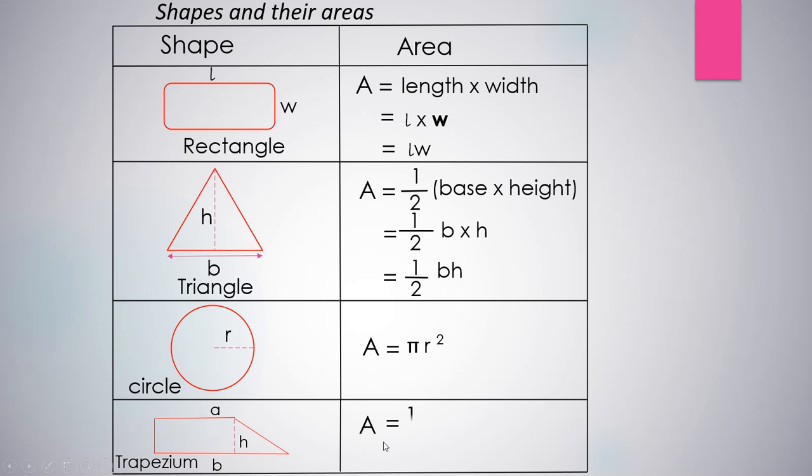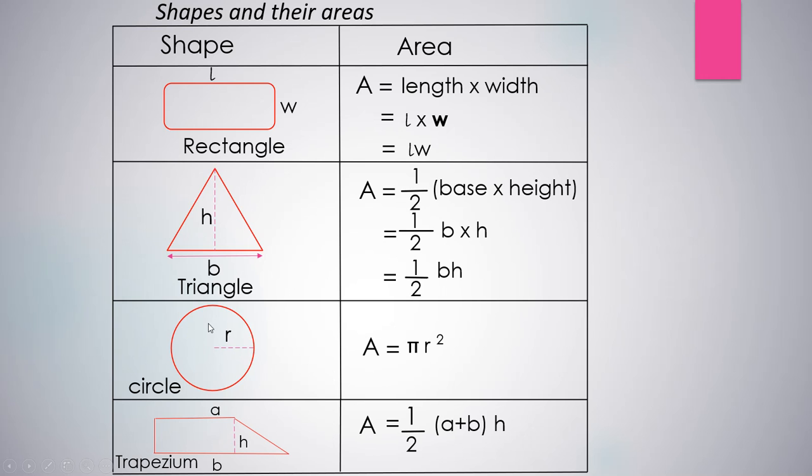Remember, it is a half times, in brackets, A plus B, close the bracket, H. It means you first add the value of this length plus the value of this length before you multiply by H and by a half.